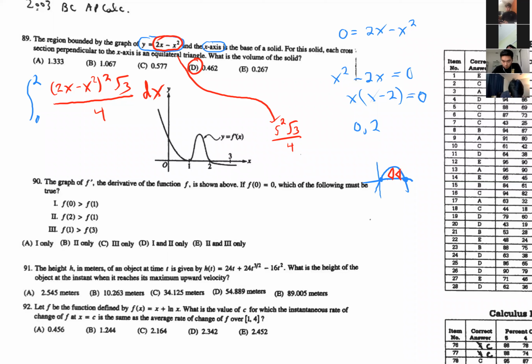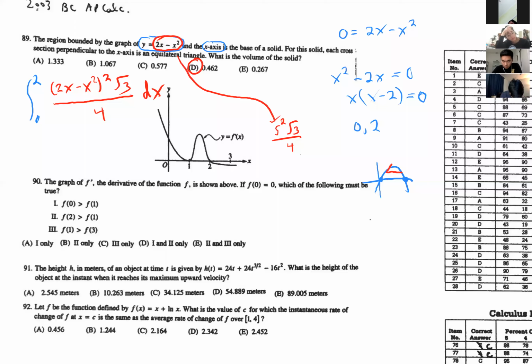If it was the y-axis, then it would go a different direction. It would look like this: you'd have a side here, and then a triangle that came off the page. That would be perpendicular to the y-axis.